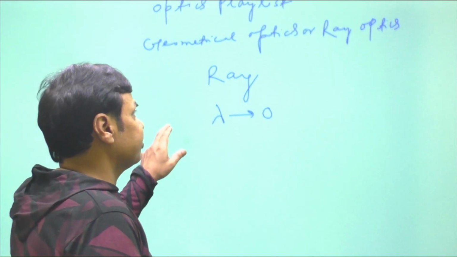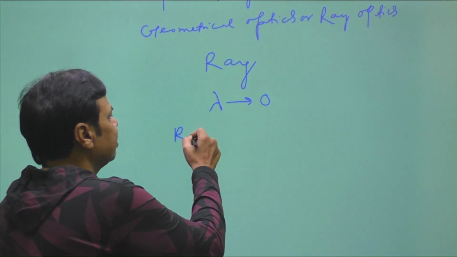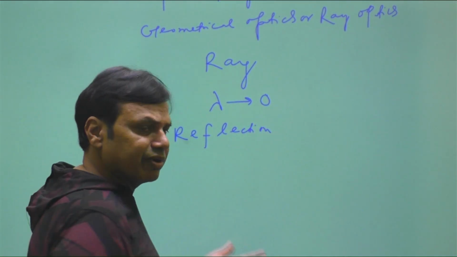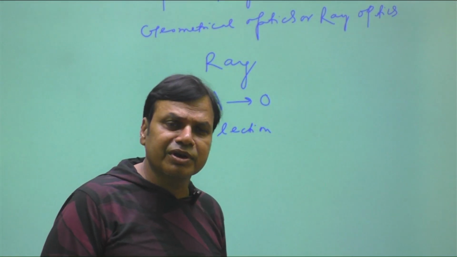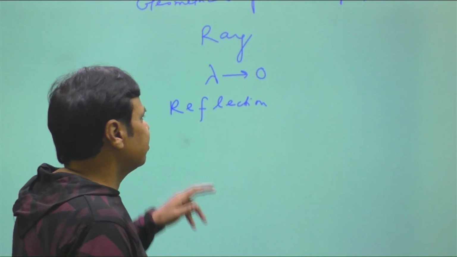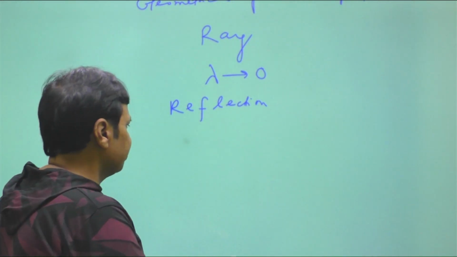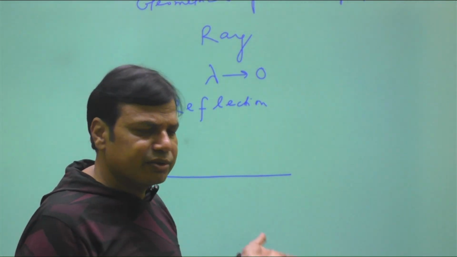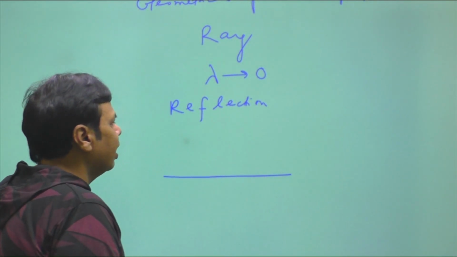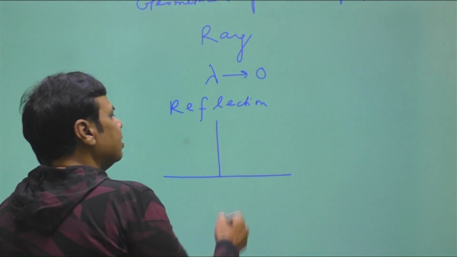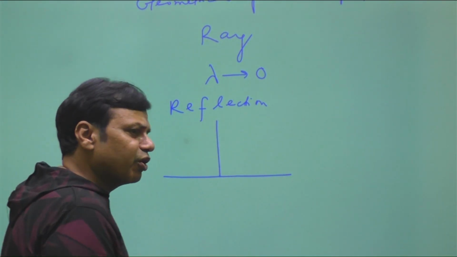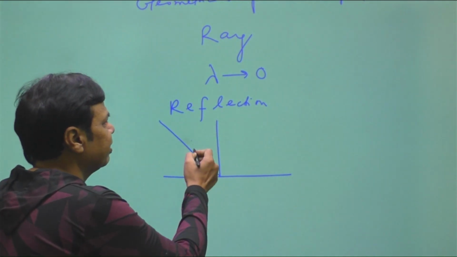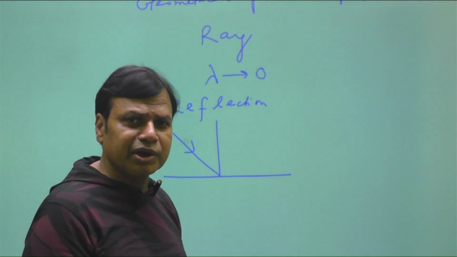One is called reflection. We are all familiar with the laws of reflection, and it simply says there are two laws in fact. If you got a surface, basically it's not a surface, it's a tangent to a surface at a point, and if this is the tangent, draw a normal to the surface and make way to the incoming light.